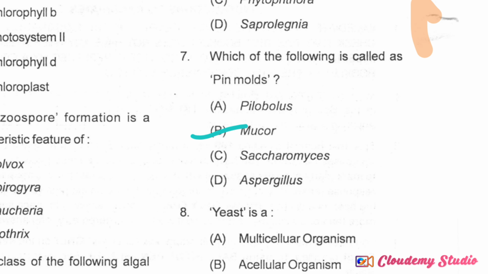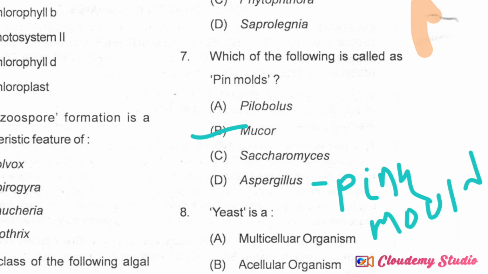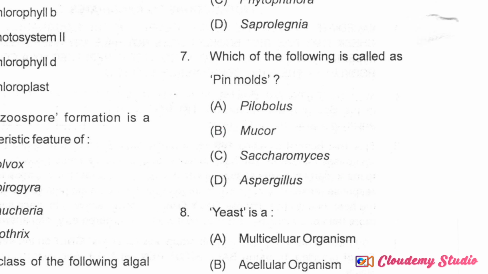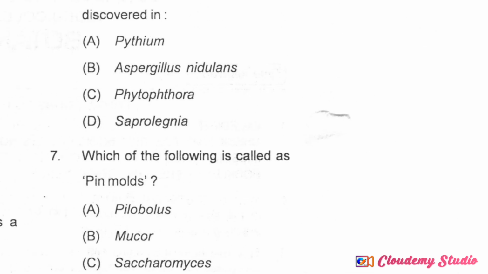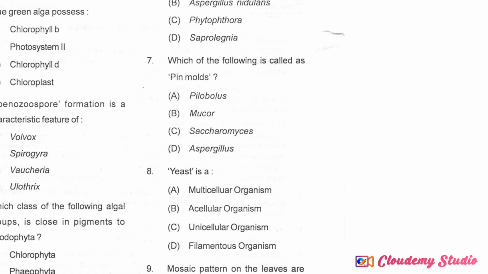Here is the major part we need to remember: Mucor is known as pin mold, but Aspergillus is known as pink mold.